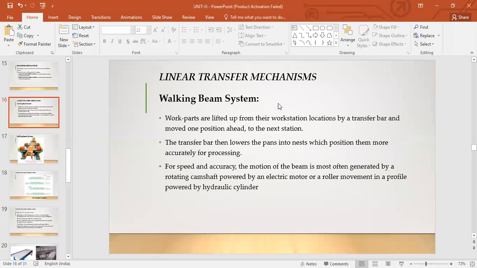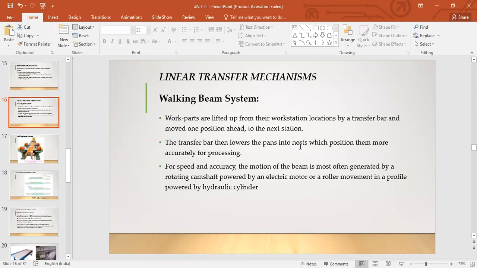The transfer bar then lowers the parts into nests, which positions them more accurately for processing, right? Lifts it up, and nests. I told you that those grooves are nests.